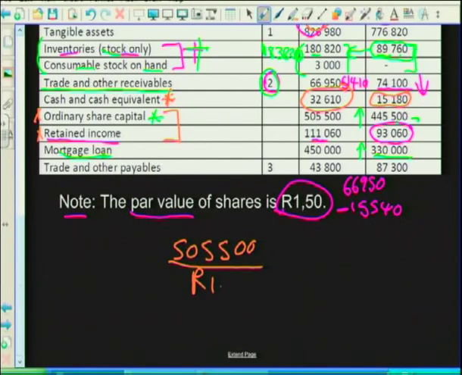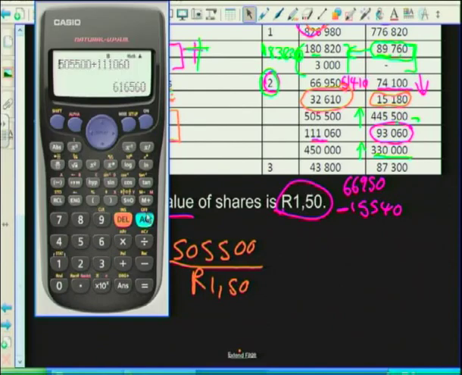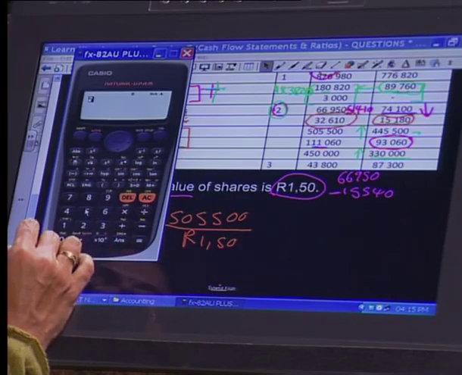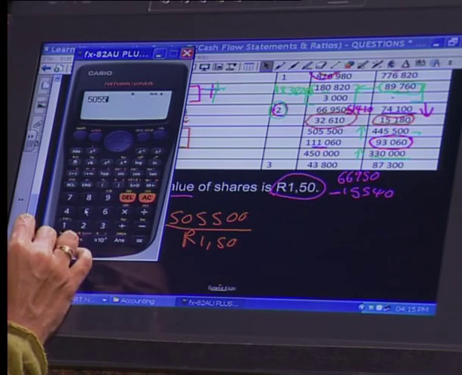How do we calculate number of shares issued? Absolutely correct. We're going to take our ordinary share capital, divide it by par value. So let's do that. Divide by par value 1 Rand 50. Let's get those calculators out. So share capital 505,500.